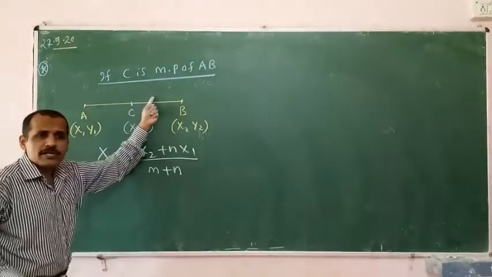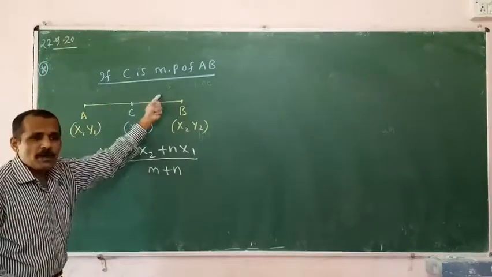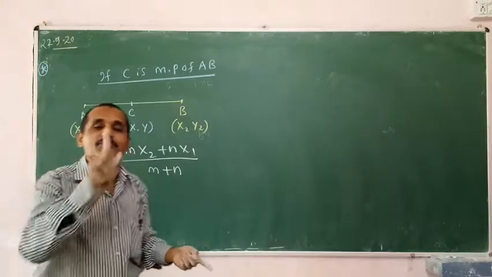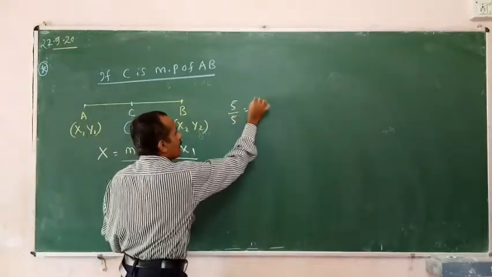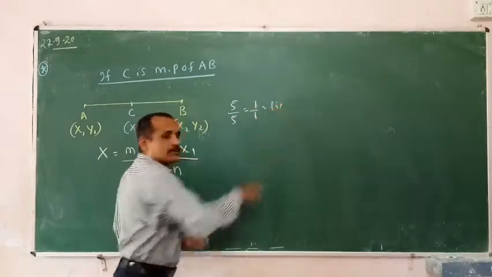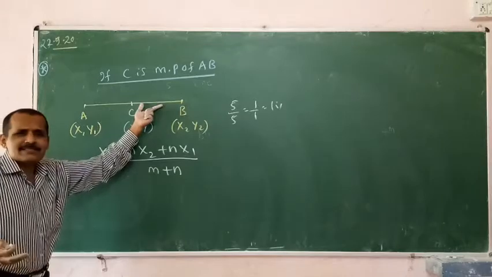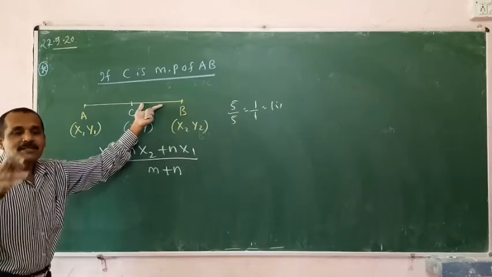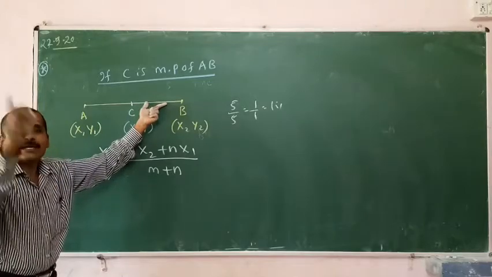It can be 3:3, 2:2, 4:4, 5:5. Ultimately, my dear children, it is 1:1 only. Whatever the length, 6 cm, 6 cm, the ratio is 1:1. They are getting cancelled.